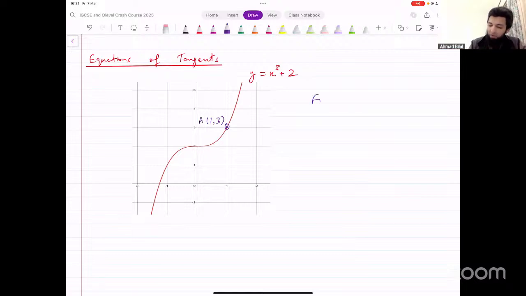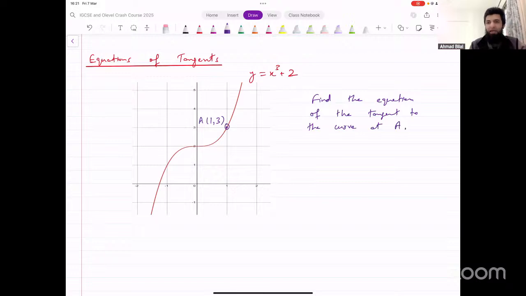What we want to do is find the equation of the tangent to the curve at A. At the point A, we want to find the equation of the tangent to the curve.